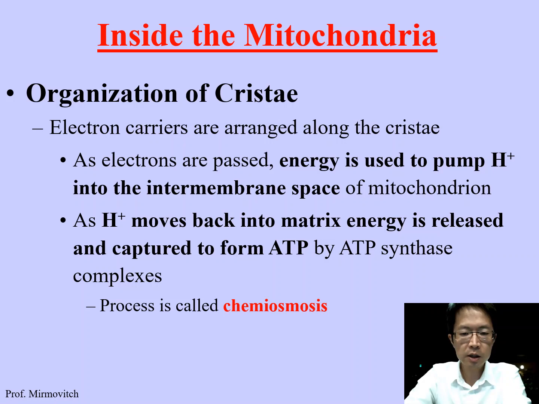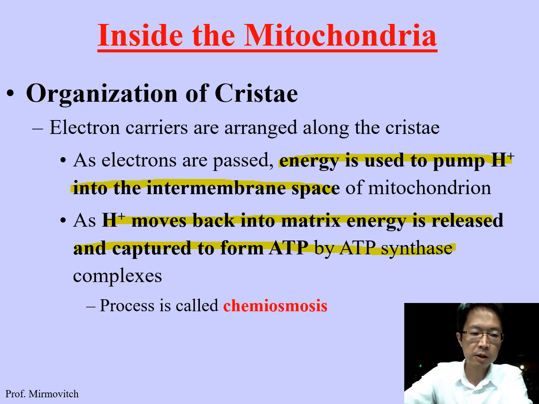So energy is used to pump hydrogen ion into the intermembrane space. And then hydrogen moves back to the matrix to release and capture energy to form ATP by ATP synthase. So in other words, the first part here is active transport.